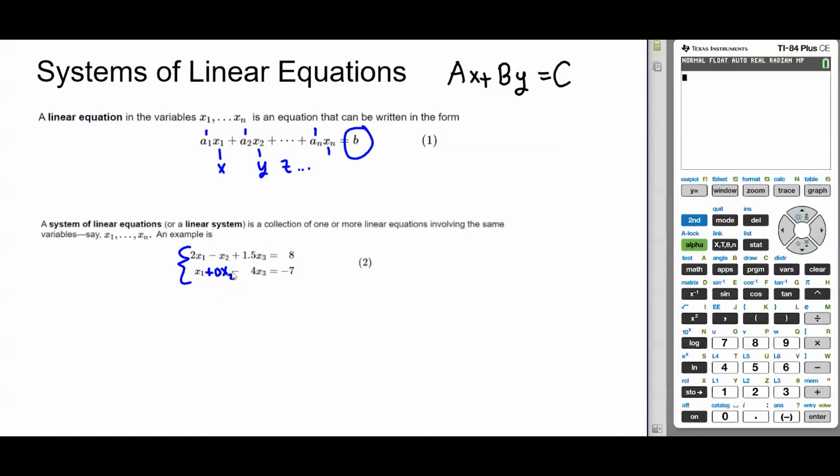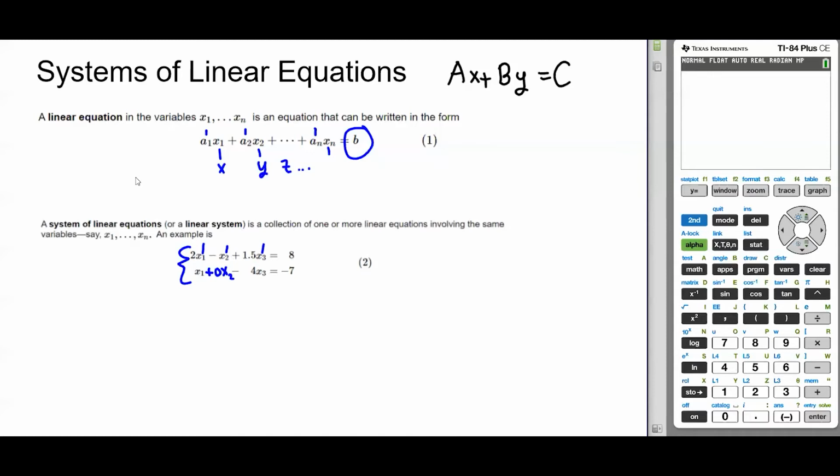But we have two equations, three variables. A solution to a system is, for this one, a set of three numbers, x1, x2, and x3, that satisfy both equations. So I think you probably already know a lot about systems of equations, but you may not have seen it in this notation.